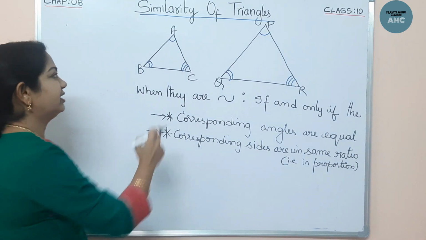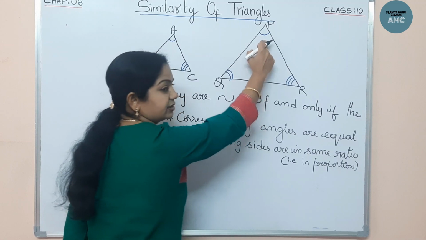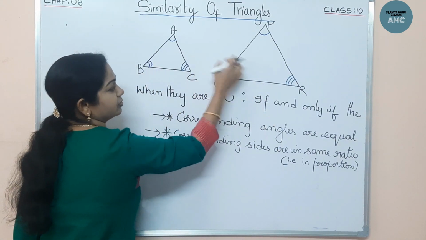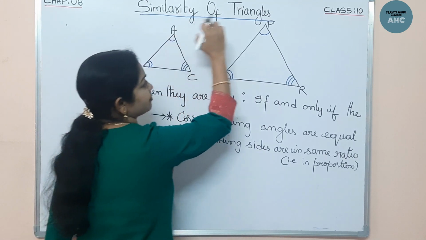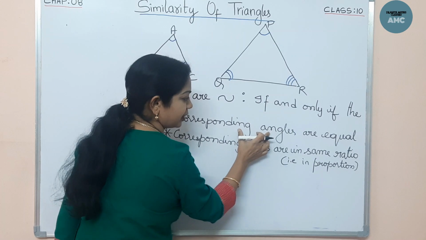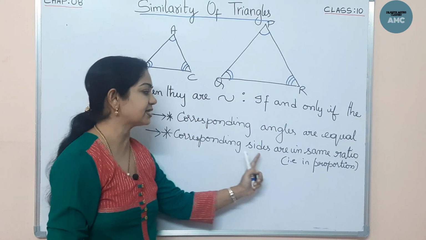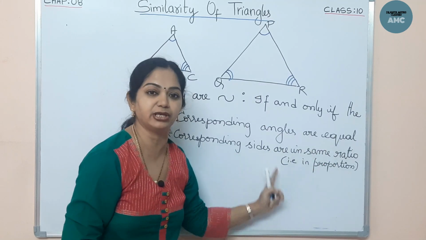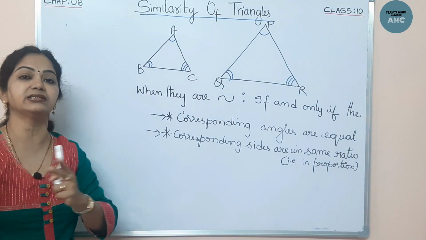Remember, equal. If this is 60 degrees, this is 30 degrees, this must be 30 degrees. The corresponding means I am comparing two triangles, A is corresponding to P. The corresponding angles are surely equal, whereas the corresponding sides need not be equal, but they must be in the same ratio. For that, in the case of rectangles, they are not increasing in the same ratio.